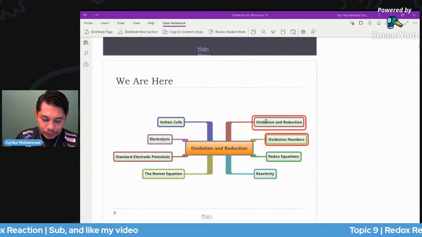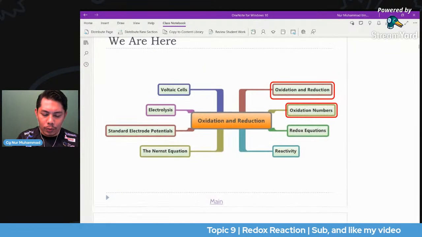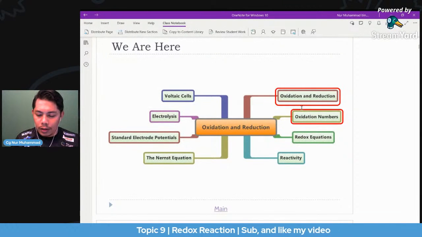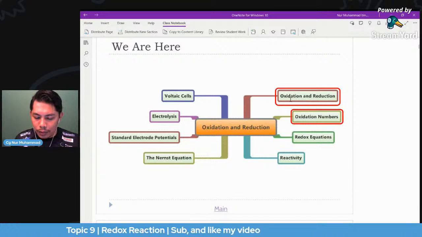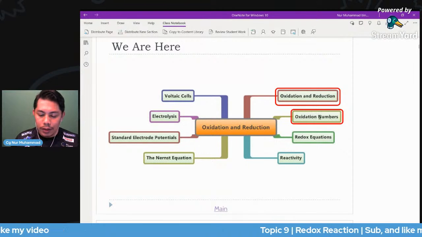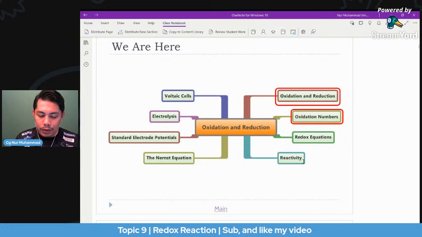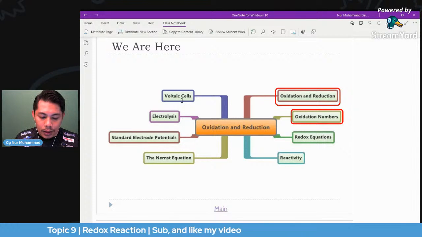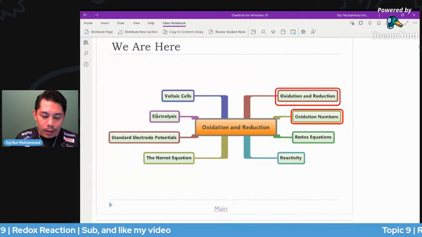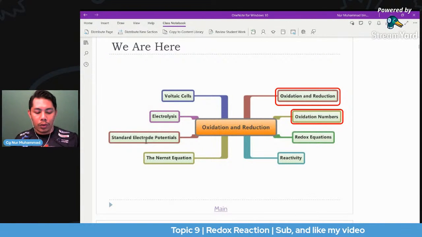Okay, so tengok kat sini. There are a few topics that should be covered. But today I want to explain about the oxidation reduction and about the oxidation numbers. And then we have the redox equation, reactivity, voltage cell, electrolysis, and then SEP, standard electrode potential.